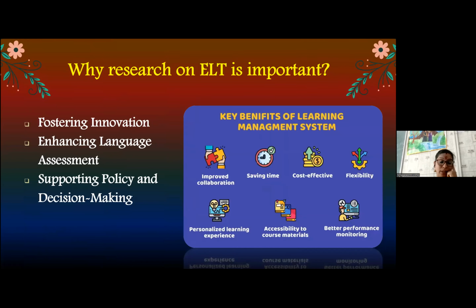So fostering innovation, enhancing language assessment, supporting policy and decision making. When we do research only on ELT, I am not talking about integration. So far I have discussed why research on ELT is important.